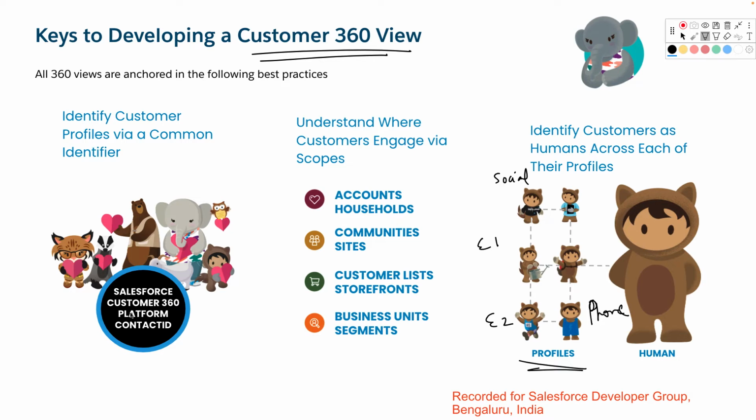One thing I can call out at the beginning itself is that the platform contact ID, because the platform sits in the middle, becomes the common identifier between marketing, service and commerce. It would be interesting to know what other IDs exist and how we typically connect them all together.